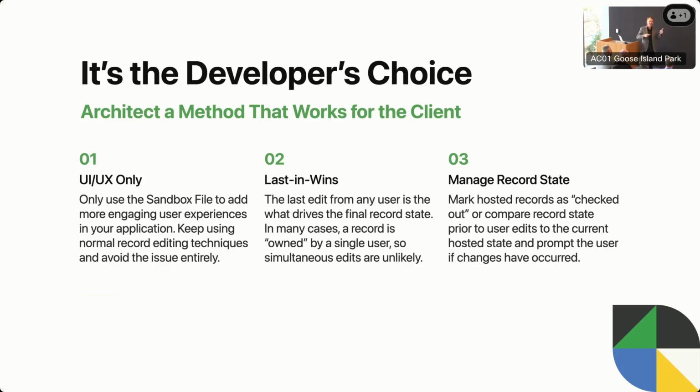Then you can say, well, wait a minute, it looks like someone else has modified this since you started editing. Are you sure you want to do that? You give the user the option, or they have to restart and reload from fresh data, whatever the case may be. Ultimately, though, it's the developer's choice for what works for the app and the client. Hope that answered the question a little bit. That's good.